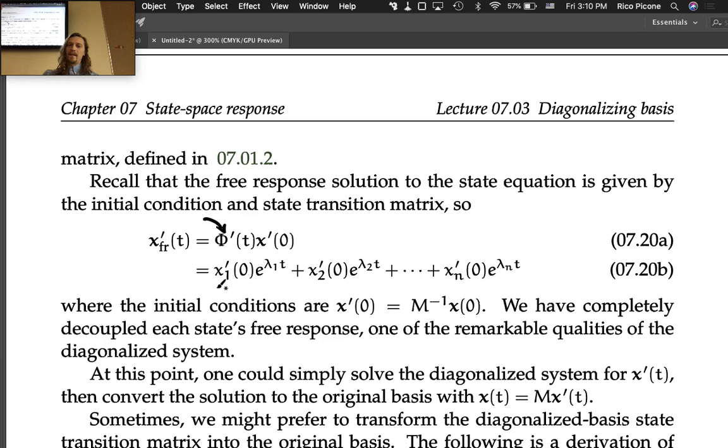And what we've done is completely decoupled each initial condition from the other exponentials that decay. So all of our eigenvalues that govern these decaying exponentials are going to be decoupled from each other in the case of n distinct eigenvalues, at least. So that's kind of interesting.